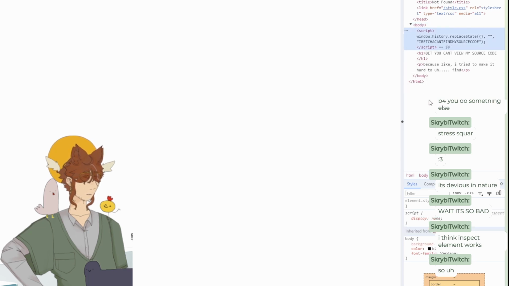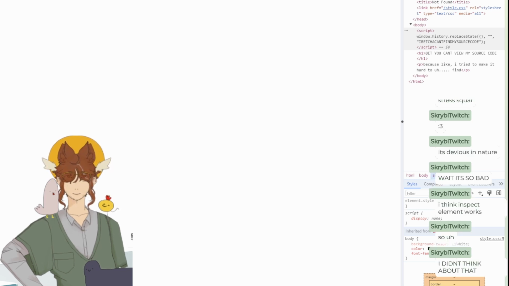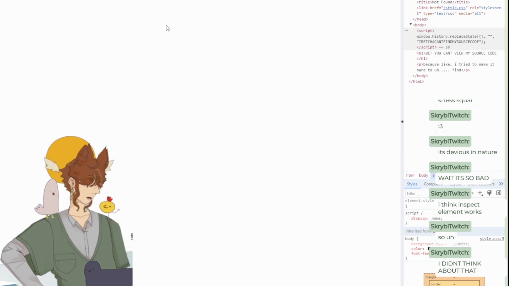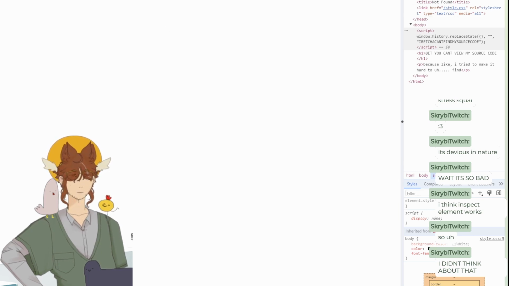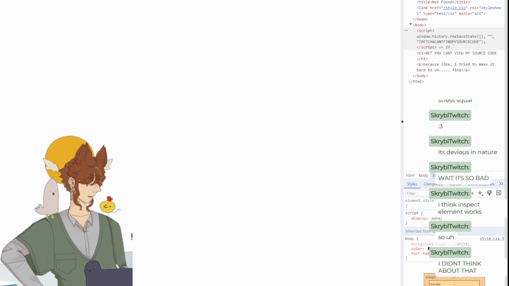What source code do you want? Is that not the source code you want? Wait, it's so bad. I think inspect element works. It's the main thing you try. I like how it says window.history.replace state. Bet you can't find my source code.